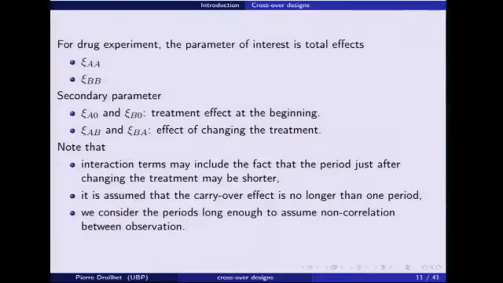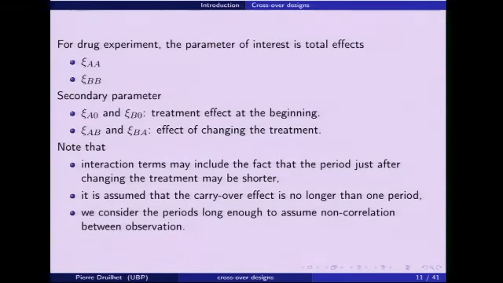But you also may be interested in the treatment effect at the beginning of the sequence of treatment, which is A0 and B0, or AB and BA, which correspond to switching the treatment. That is, for example, in that case, having treatment A, but in the period before having treatment B.